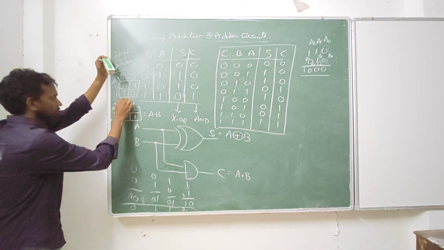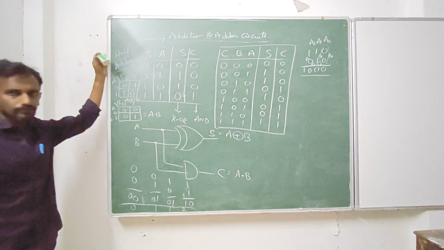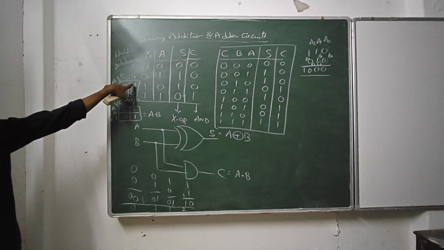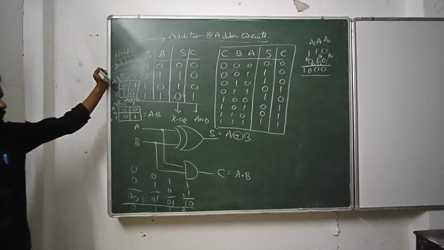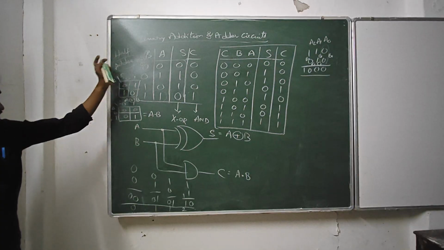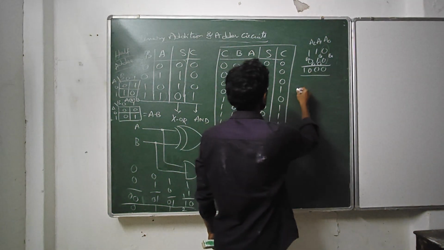And here the result is A XOR B. When you have these cross terms, the result is A XOR B. The same way you have to prepare the K-map for this.